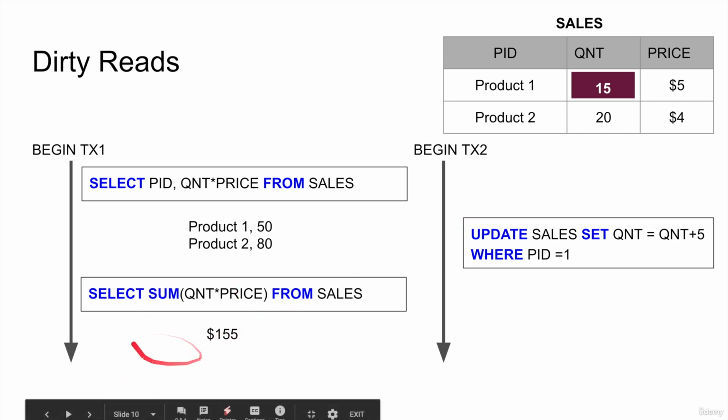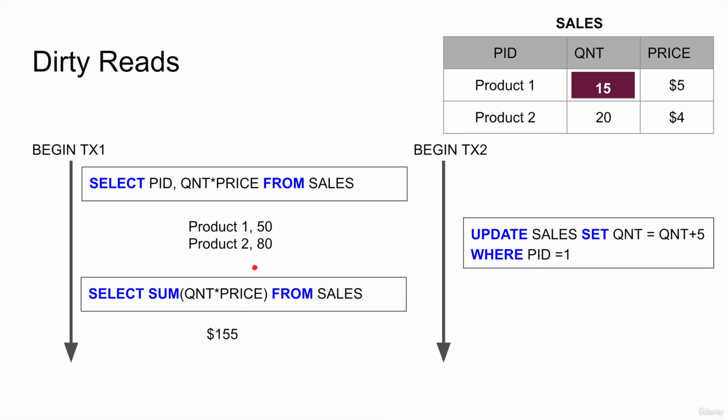This is now reading the dirty value that has never been committed yet. This guy's reading it, and that's a dirty read, right? We're reading the bad value. Why? Because it's leading to a bad result. See? 50 plus 80 is 130, but I am showing the report 155.